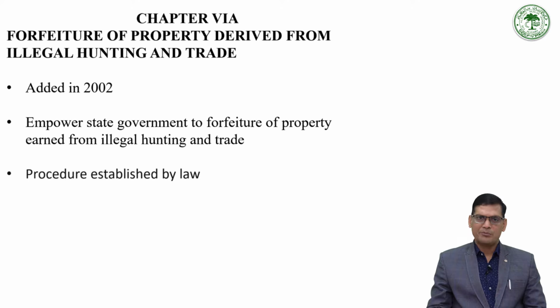This chapter empowers the state government to forfeit property earned from illegal hunting and trade, and says that if any person, group of persons or any trust acquired any property from illegal hunting or prohibited trade of wild animals under this Act, the property should be forfeited by the state government. Such forfeiture of the property by the state government can be done by the procedure established by law.